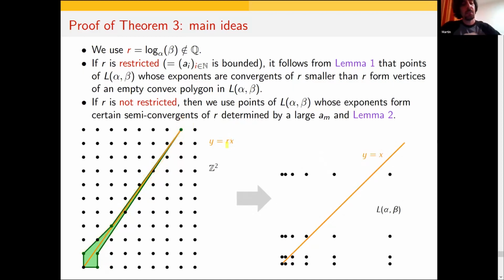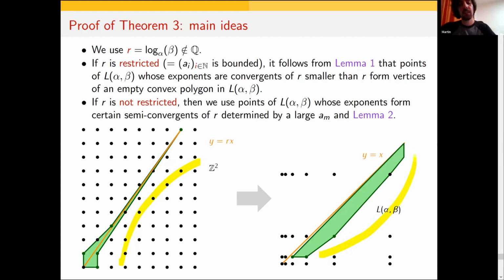Now, if I take these green points and I use them as exponents in my exponential lattice, and I take only these points that are below the line, then it will also give me some convex chain in my exponential lattice. Here, the chain was actually concave. But here, if I use them as exponents, it can be shown that if my number is restricted, then it will actually be convex. So it's somehow oppositely directed.